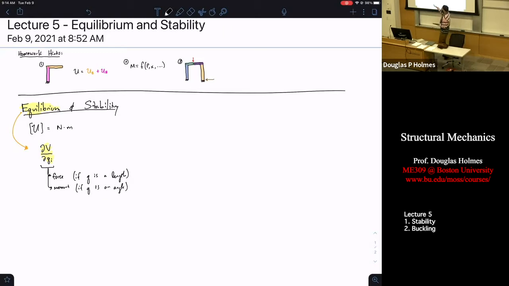So taking the derivative of my total potential energy with respect to my degree of freedom is going to give me either a force balance or a moment balance. And we know that the sum of all the forces or the sum of all the moments has to equal 0 for our object to be in equilibrium.